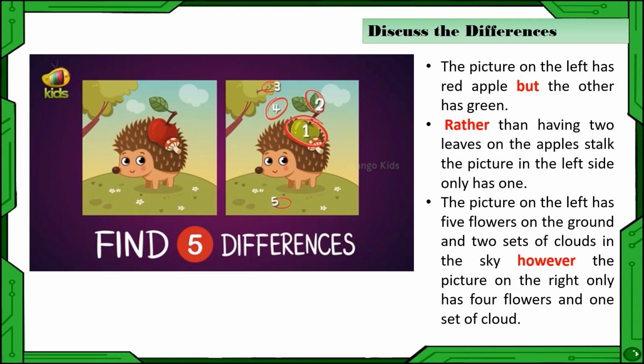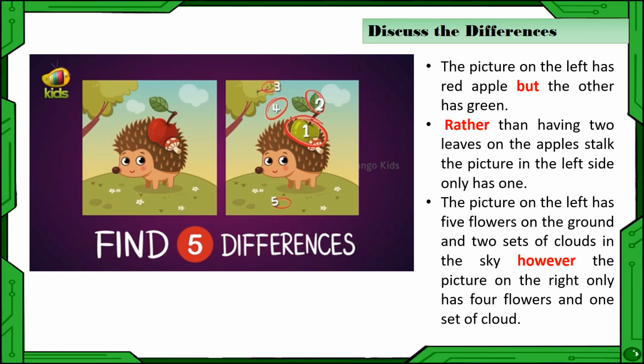So that's a very simple sentence. Now you can also put the transition to contrast in the first part of your sentence. So rather than having 2 leaves on the apple stalk, the picture on the left side only has 1. So that's the second way of putting it.